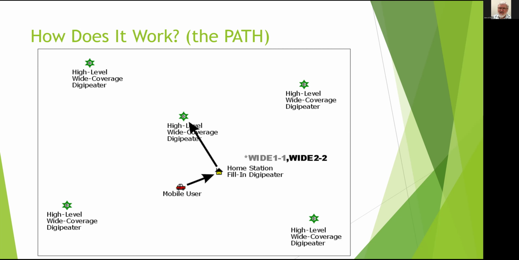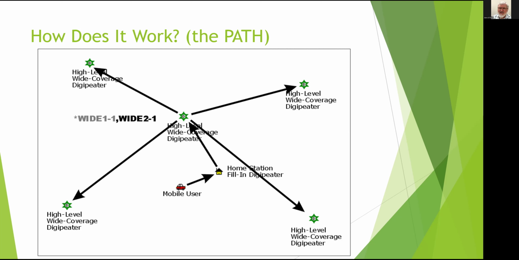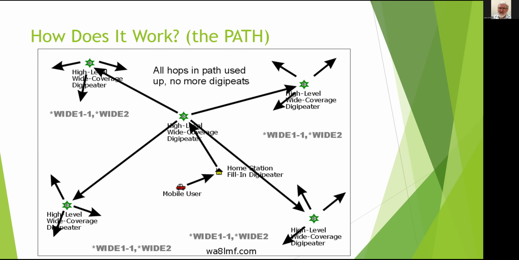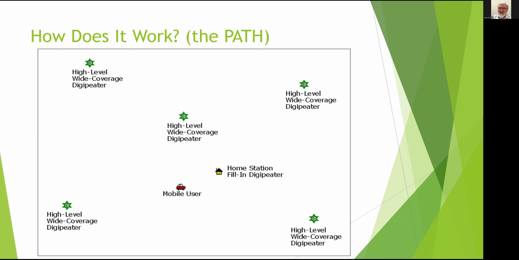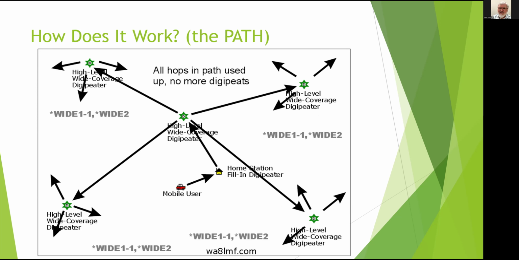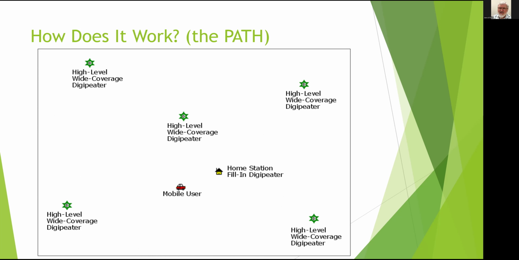And he says, I'm going to decrement the 2 to a 1 and resend it with a wide 2-1. And the other high level digipeaters will see that wide 2-1 and they will resend it one additional time. So I'm getting 3 hops out of it, but because I'm taking advantage of the fill-in digipeater, it's really only going like 2 big hops away.